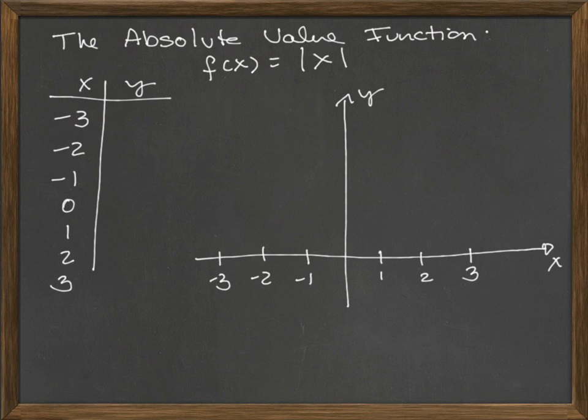If x is -3, what is y? 3, 2, 1, 0, 1, 2, and 3. So -3, 3, -2, 2, -1, 1, 0, 0, 1, 1, 2, 2, and 3, 3.